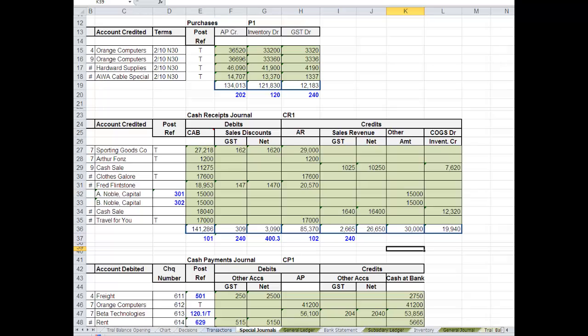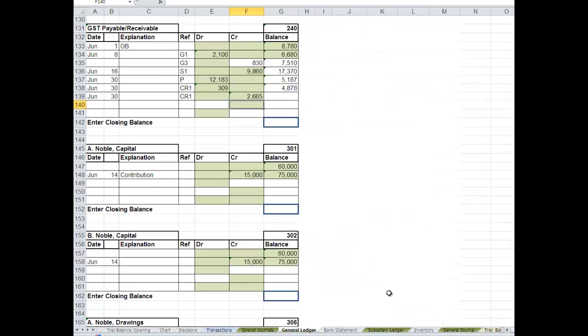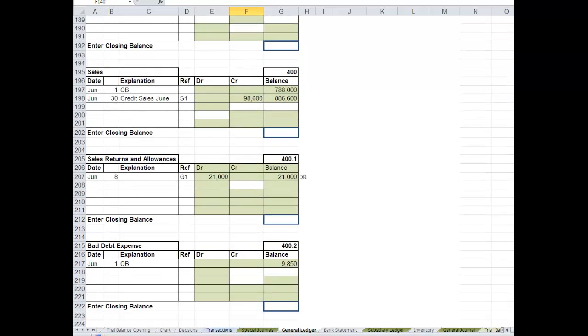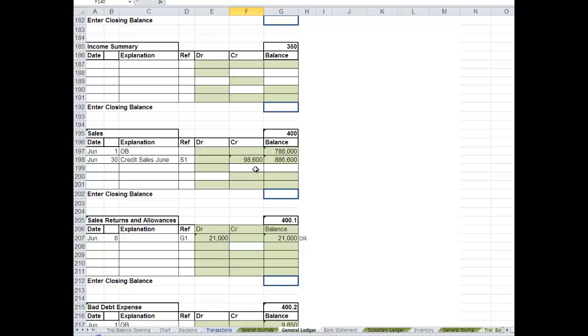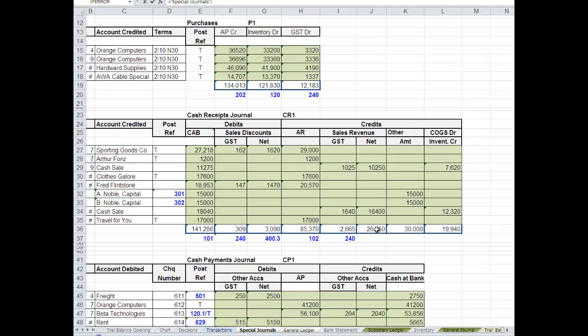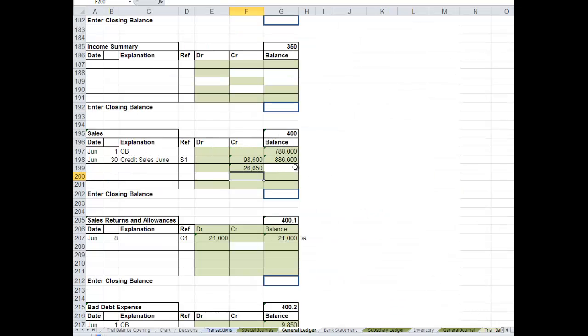Revenue. Sales rev. June 30. And it's cash receipts 1, and that's 400.